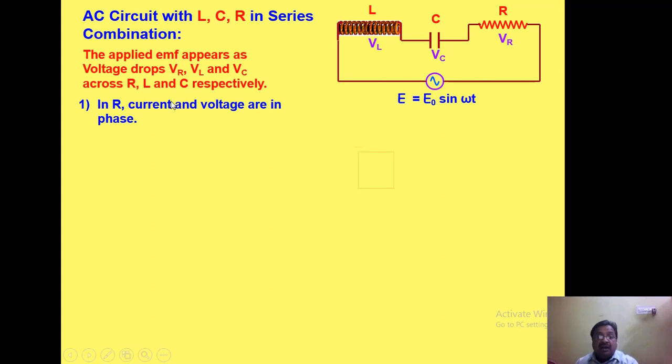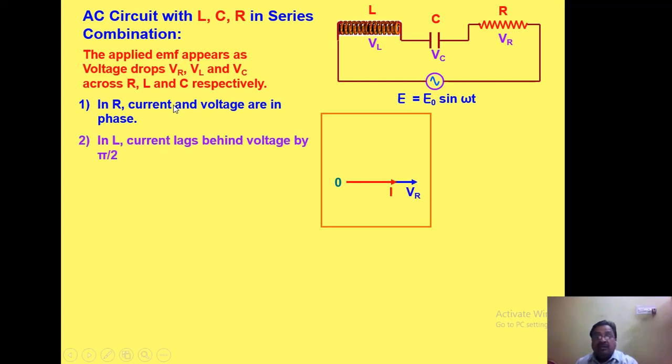And here in resistance the current and voltages are in same phase. If you calculate in detail in the final expression, we can find how current is also related to this sin omega t. And finally we can come to the conclusion that in resistance current and voltages are in same phase.